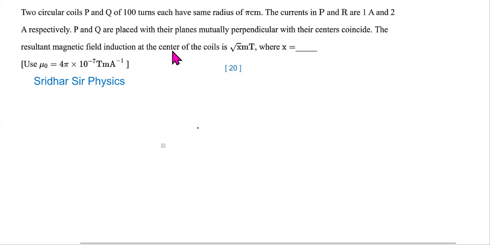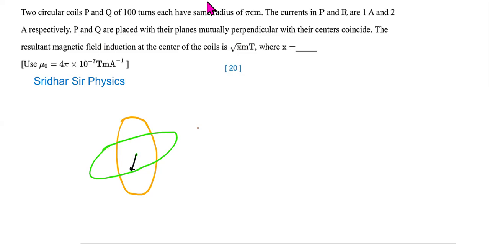They will become mutually perpendicular, and I'll draw like this. There's another coil, which will be like this. So they have the same radius. Now call this P and this Q. Both have 100 turns, NP and NQ.